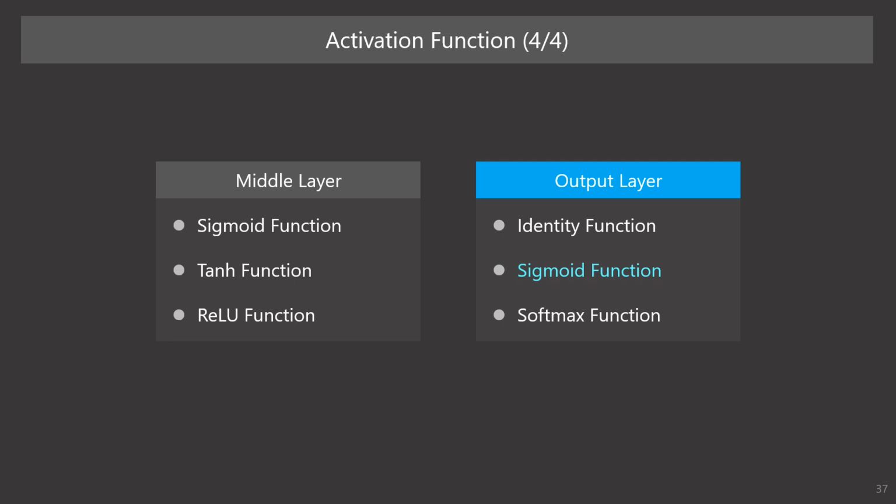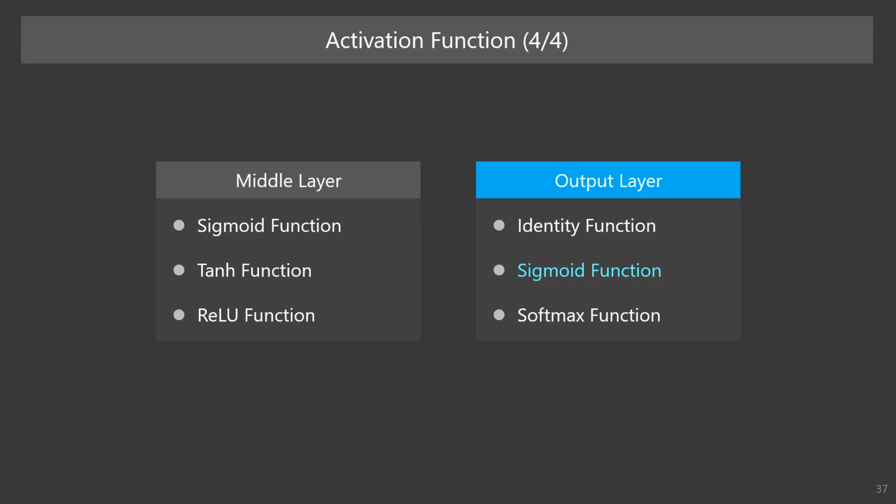On the other hand, when we use a neural network for a binary classification problem, we apply sigmoid function to the output layer, because sigmoid function outputs continuous values ranging from 0 to 1, and thus it represents probability.